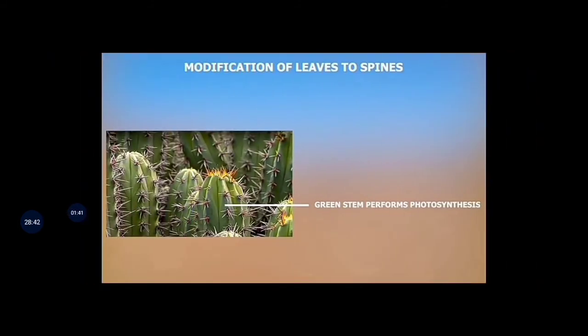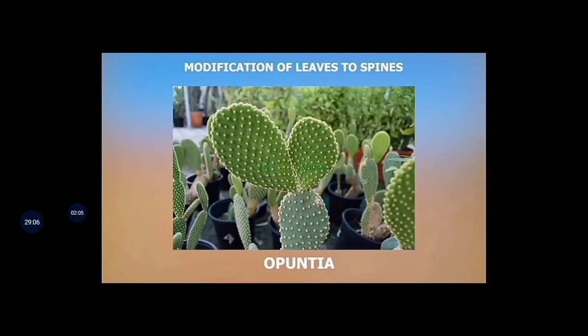These green stems perform photosynthesis. So what is photosynthesis? The green stem is able to prepare food for the plant. This is called photosynthesis. Thus, modification of leaves to spines allows the stem to perform photosynthesis. One more example is Opuntia. Opuntia is a plant which has spines on the surface of the plant.